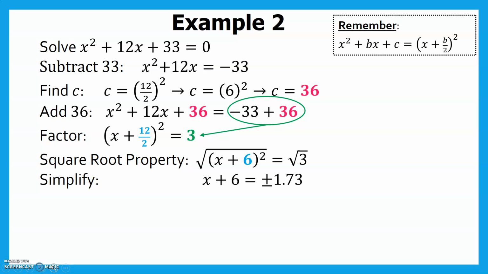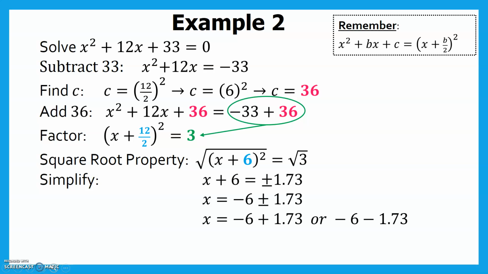When I take the square root, I get x plus 6 equals plus or minus 1.73. I subtract 6 from both sides to get negative 6 plus or minus 1.73. That just means negative 6 plus 1.73 or negative 6 minus 1.73. And when I simplify, I get negative 4.27 or negative 7.73.